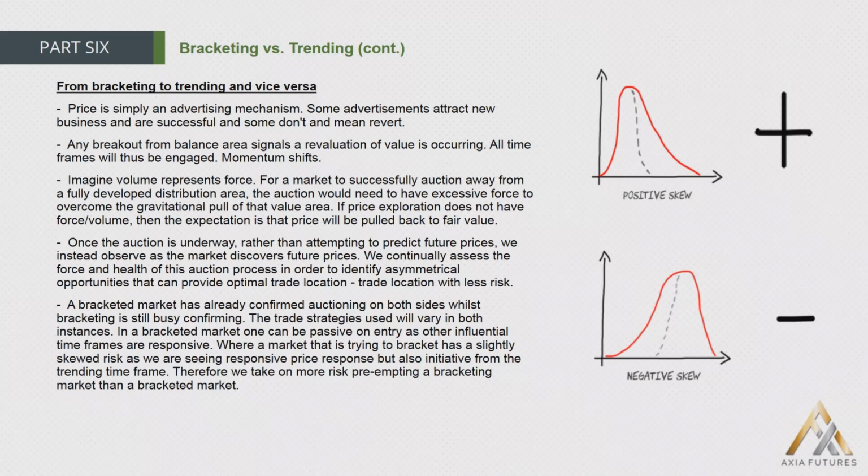Now, think of that value area, once we break away from it, as almost like a gravitational pull. And as we're moving more and more away from it, either the market's going to accept that, now we're going to start repricing or accepting value somewhere else, or if we fail and there's not enough force and not enough initiative, we're going to very quickly snap back, almost like an elastic would snap if you were trying to shoot it.